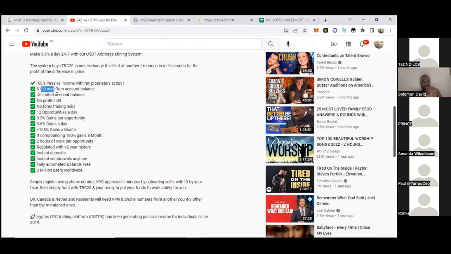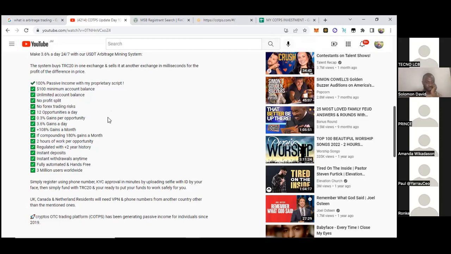You have to do a $100 minimum investment to get the script, but the actual investment that COTP allows, the minimum is $10, $9. We're just running after $10, right? Unlimited account balance, no profit split, no forex trading risks. You have 12 opportunities a day, 0.3% gains per opportunity.